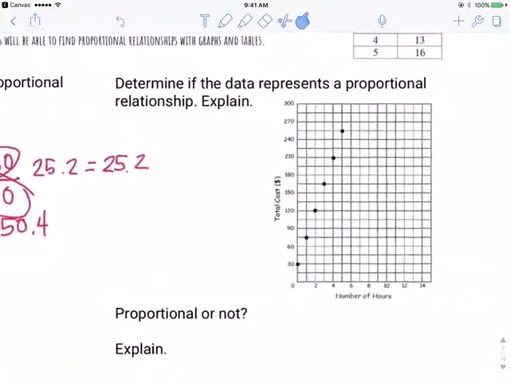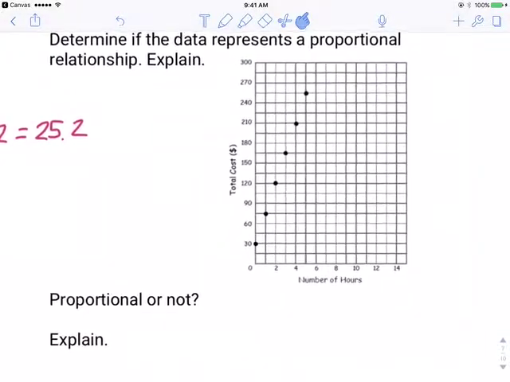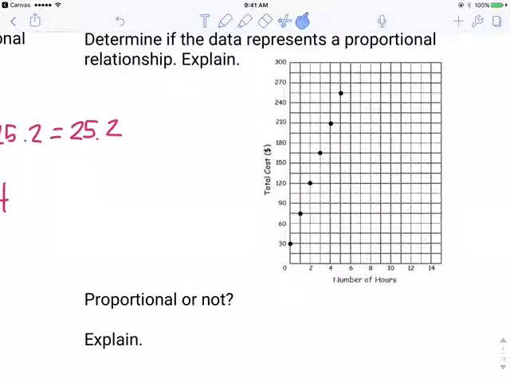Looking at this graph, I can see that it is making a line. And it is going to cross over the origin if I continued the graph. So you're probably thinking, well, is it proportional or not? Well, if I look at the pattern, I'm connecting the dots like a stair step.